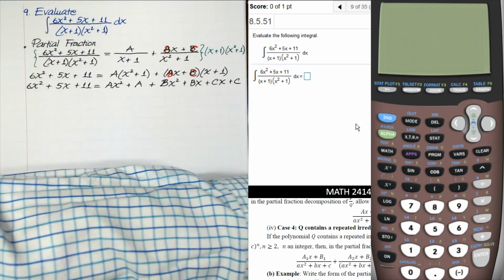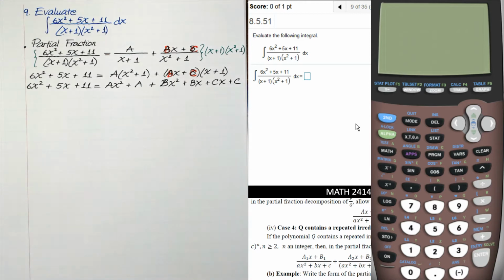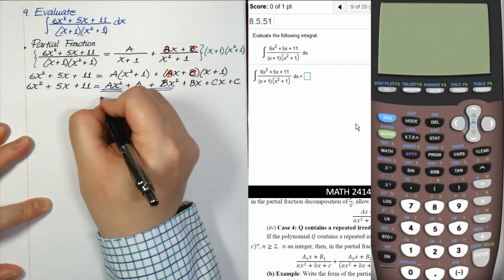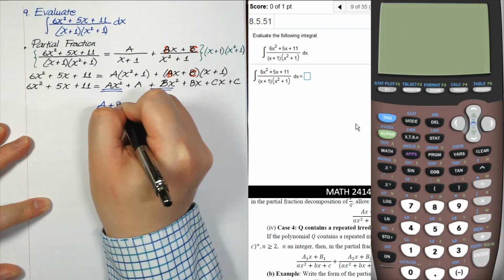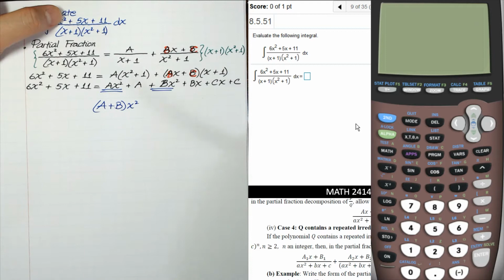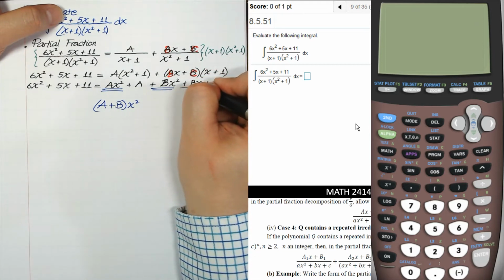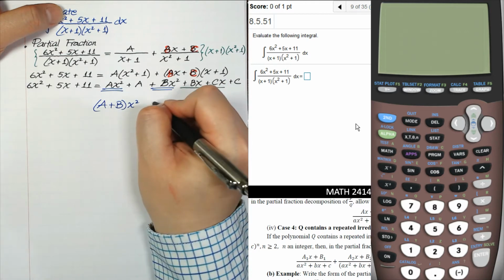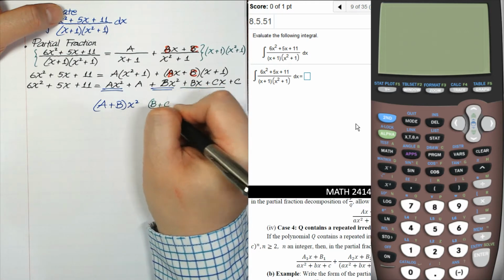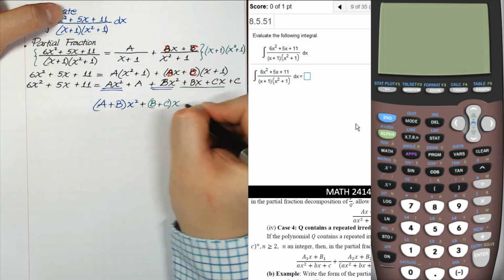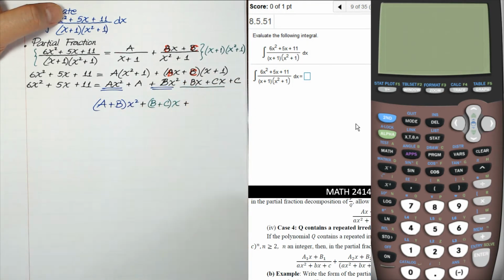All the coefficients have to be different. Right. Combine like terms. A plus B for x squared, and then B plus C times x, and then A plus C.